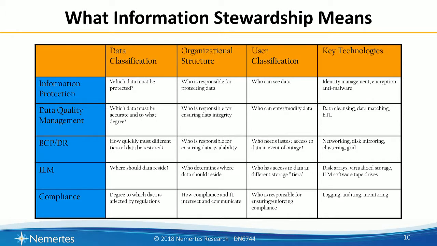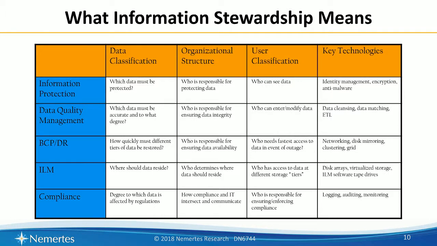Based on that and on the need to practice all these stripes of stewardship, you will make decisions about organizational structure, who's responsible for protecting data, who's responsible for assessing and ensuring the ongoing integrity of data, and so on.